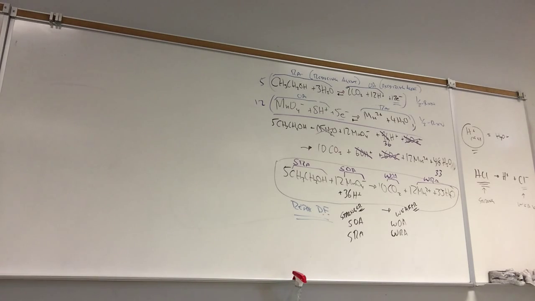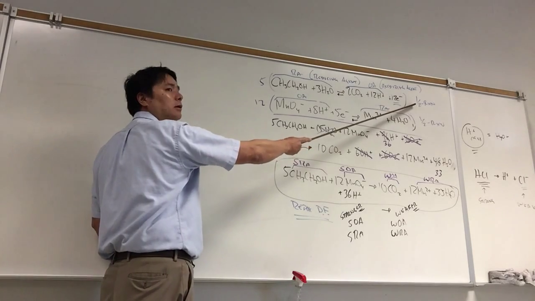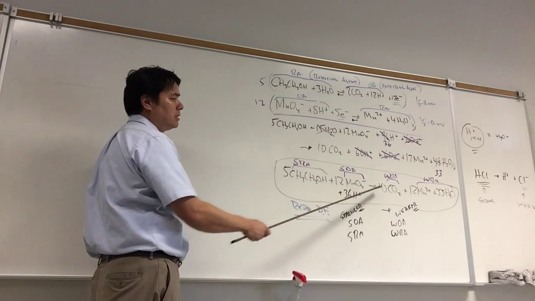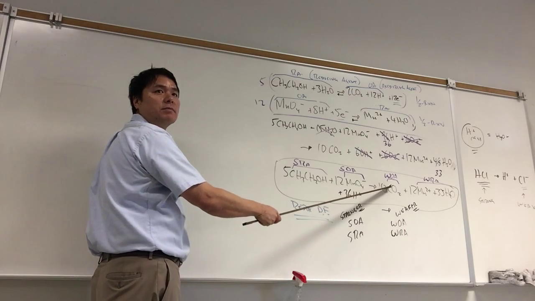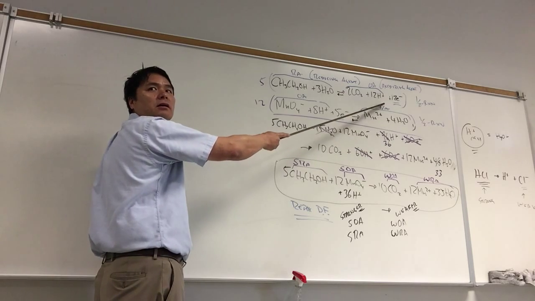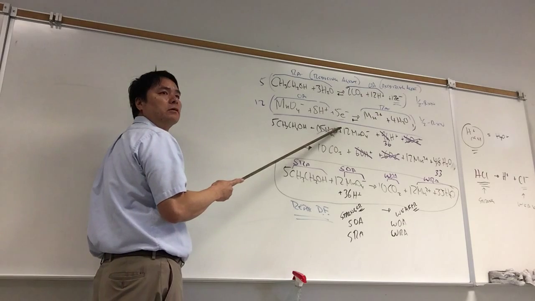So that's a little bit harder than what Chem 4, right? Because we've got to look at the oxidizing agents and reducing agents. And the easiest place to look for oxidizing agents and reducing agents is in the half reactions. Because if you look down here, it's hard to see what takes electrons, what gives up electrons. But in the half reactions, it's very clear to see because the electrons are shown.